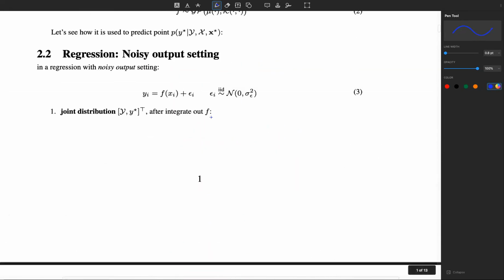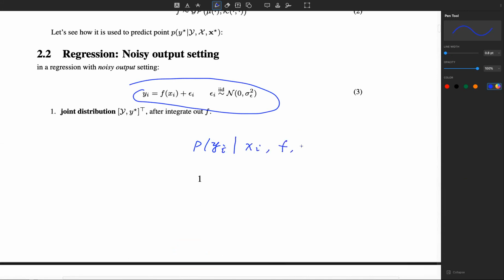You know that P of y_i, conditioning on x_i, f, and sigma, should be equal to a Gaussian where you model y_i, with f of x_i as the mean and exactly the same variance.